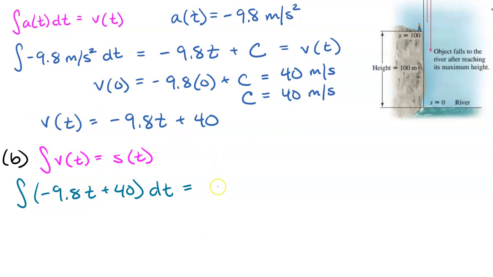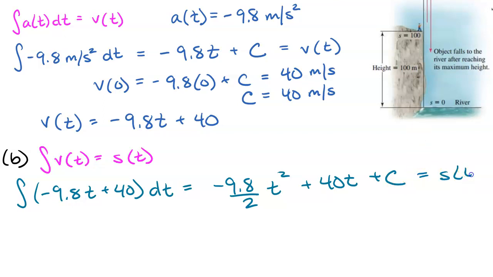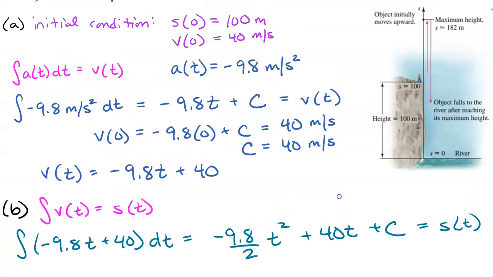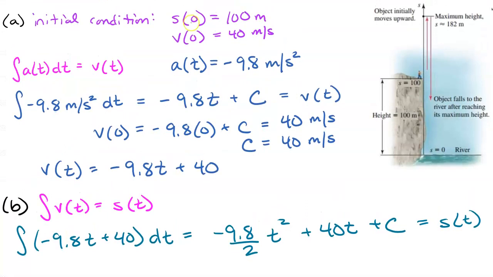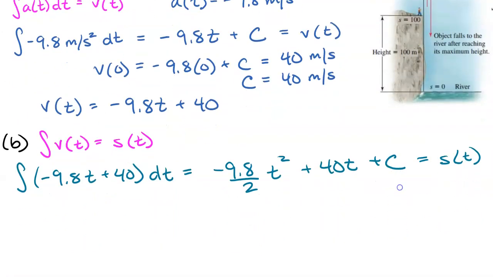We're going up a power, so that'd be negative 9.8 over 2 t squared plus 40t plus c again, because every time we integrate, we have that plus c. So this is our position function. And now we can apply the initial condition. Our position initial condition is when t is 0, we get 100.